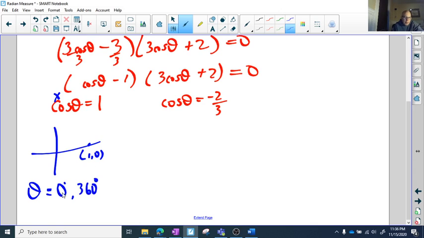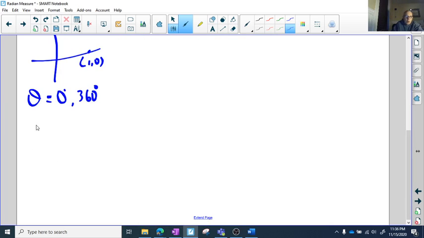In fact, if I just worked off of 0 only, that would be enough, because this is all you do in degrees. You write out your first angle that you find, and then you just put here plus 360k, where k could be any element of the integers. Integers meaning positives or negatives, but they can't include decimals.